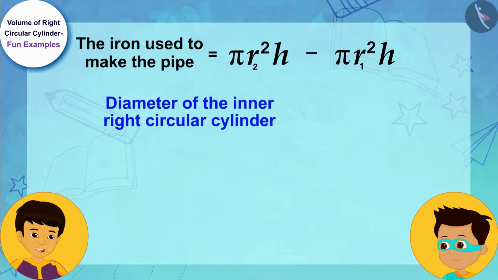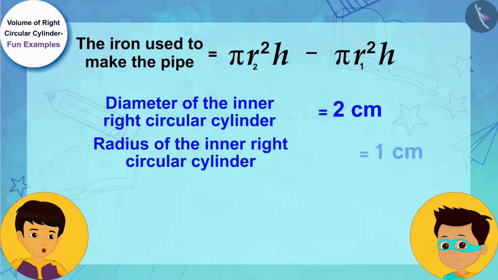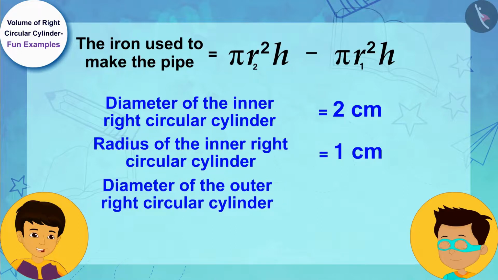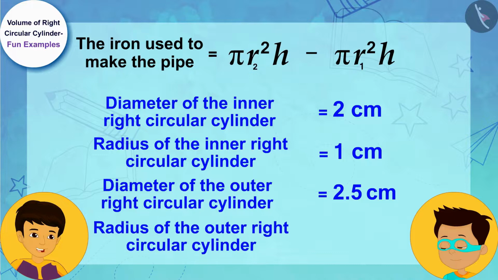The diameter of the inner right circular cylinder part of the pipe is 2 centimeters. That is, its radius will be 1 centimeter. And the diameter of the outer right circular cylindrical portion of the pipe is 2.5 centimeters. This means its radius will be 1.25 centimeters.